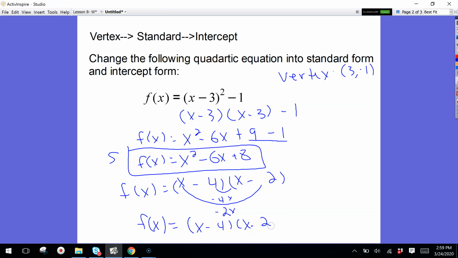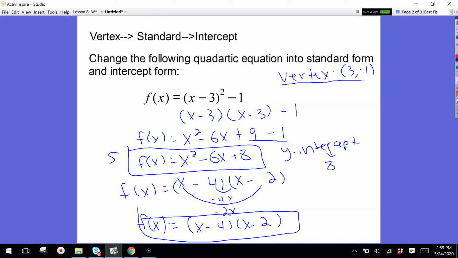Notice that by changing it into different forms, I can tell a lot about this equation. First of all, I knew that the vertex was 3, negative 1 from the original equation. I also knew that my a value was 1. Here, I knew that my y-intercept was 8.